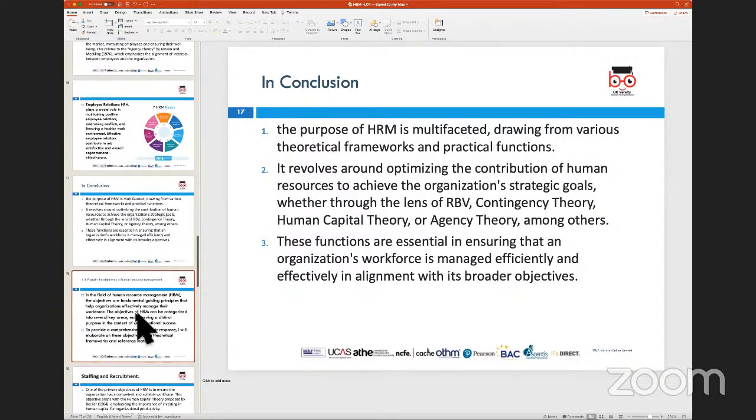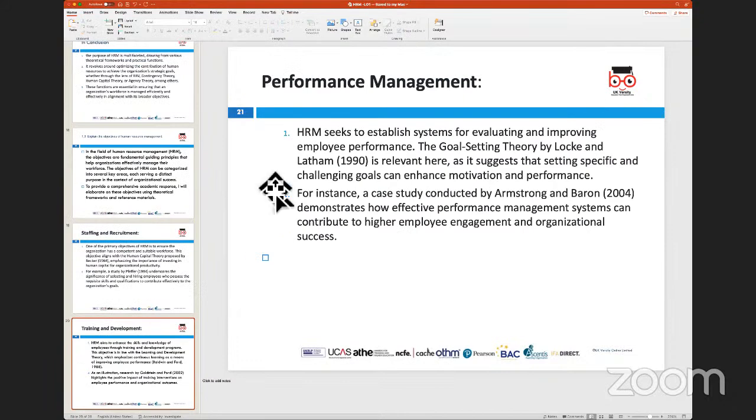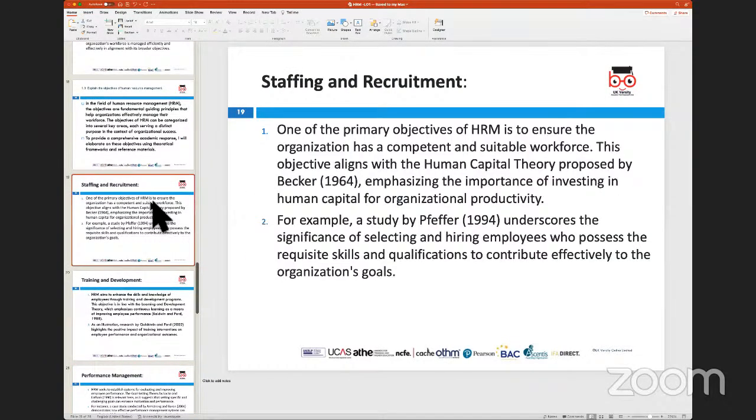Okay, let's go across to the last assessment criteria, which is explaining the objectives of human resource management. In order to look at the objectives of human resource management, we need to go into some of the detailing of the functions of HRM. So what we are looking at is going into individual functions: what is staffing and recruitment?